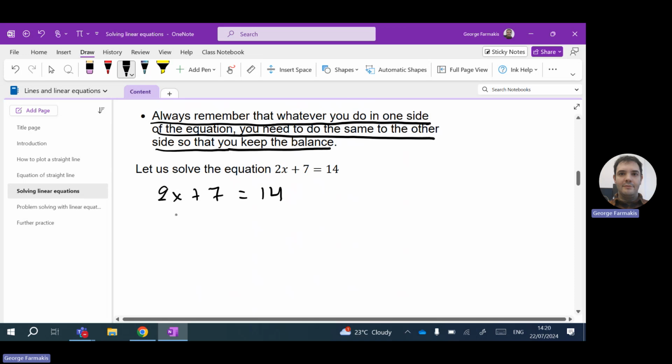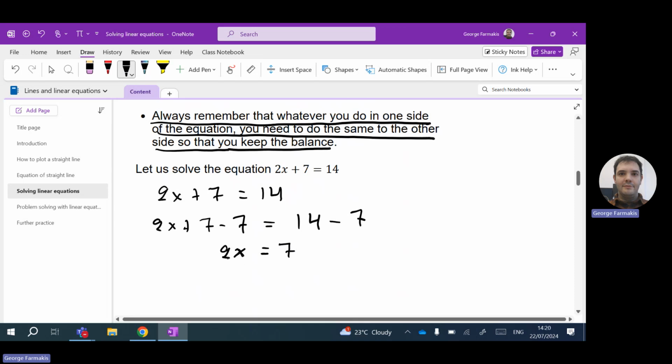What we can do is subtract 7 from both sides. So 2x plus 7 minus 7 equals 14 minus 7. 7 minus 7 is 0, so on the left-hand side I would only have 2x. The right-hand side would be 14 minus 7, so this is 7.